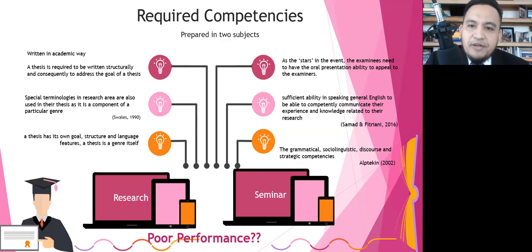And then they are prepared to have a sufficient ability in speaking general English to be able to competently communicate their experience and knowledge related to their research. And of course, they are also prepared to be competent in terms of the grammatical, in terms of sociolinguistics, discourse, and strategy.